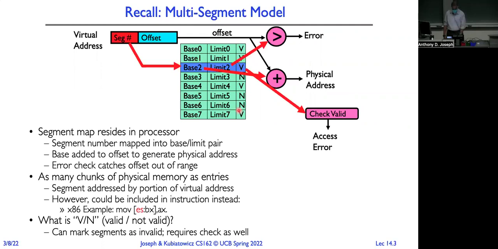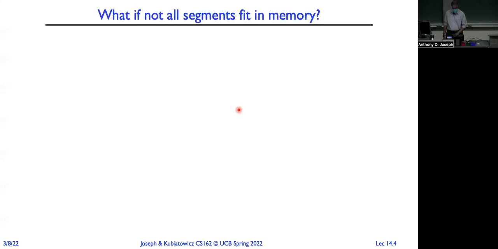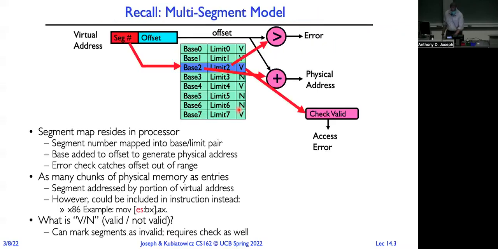All right. Now, what do we do if we're in a situation where not all of the segments will fit in memory, either for an individual program or for a set of programs? Well, we can do an extreme form of context switching. So if you think about it, when we context switch, what do we have to do? We have to save this segment map out and load the new segment map.